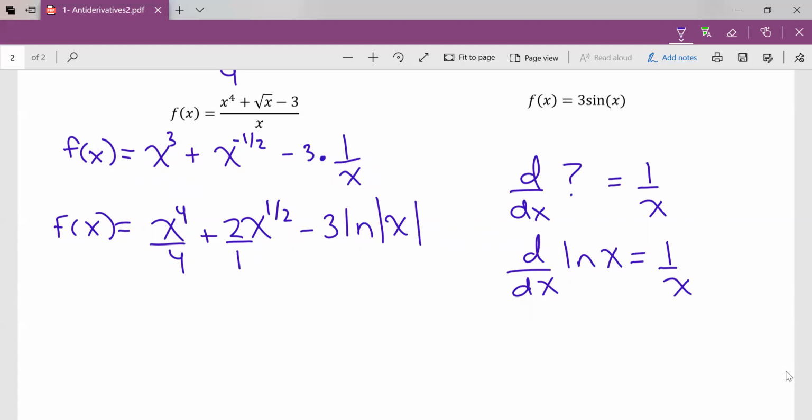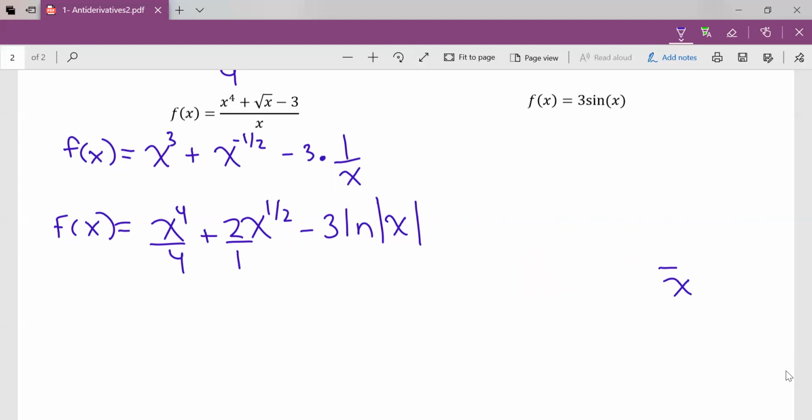But now, because here we could have had negatives, to account for that idea that we could have negatives, we put those absolute value bars there. Okay, so you just learned something else new. The antiderivative of 1 over x is natural log of the absolute value of x. All right, and then don't forget your constant of integration. And you could check your work by taking the derivative and you would end up with what you began with.